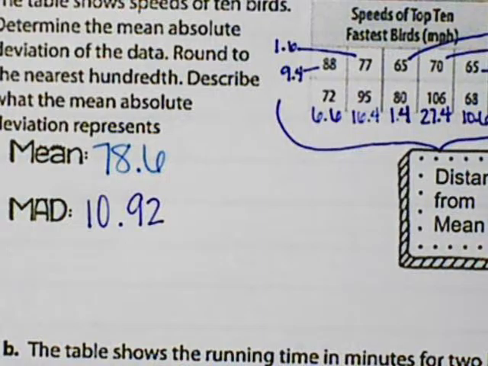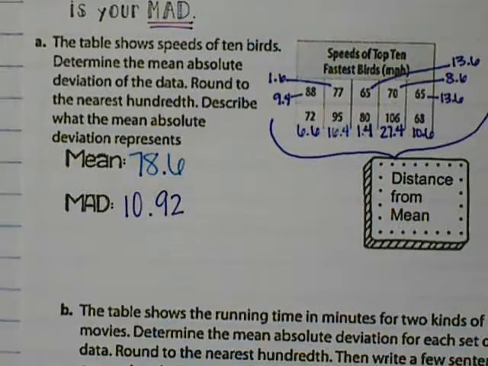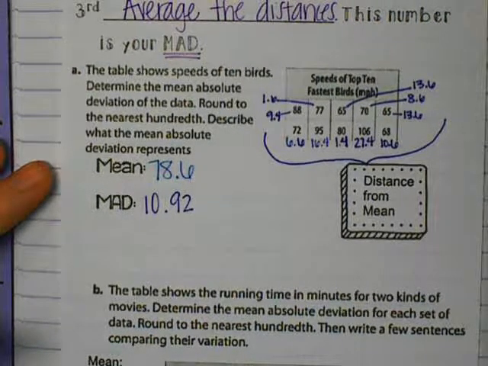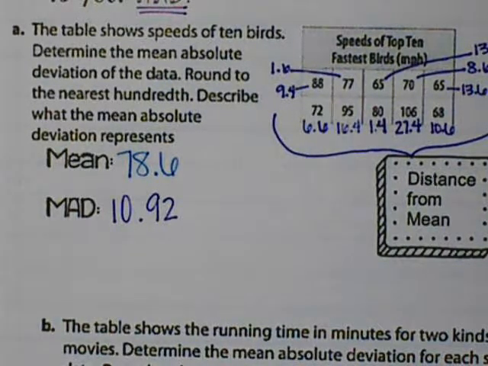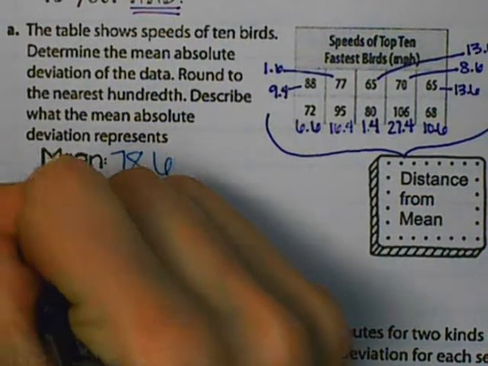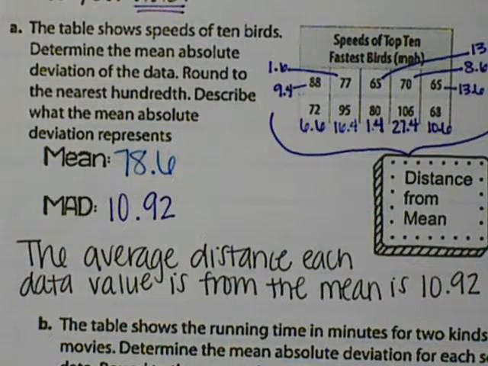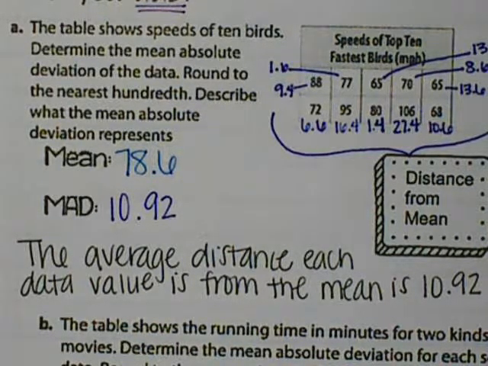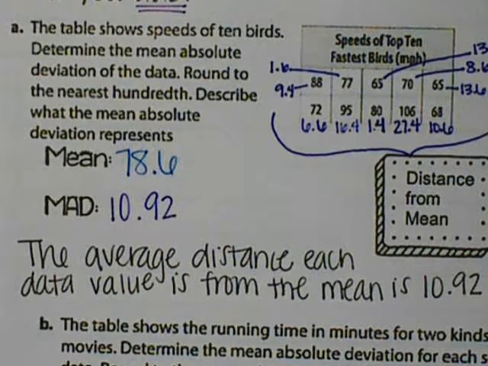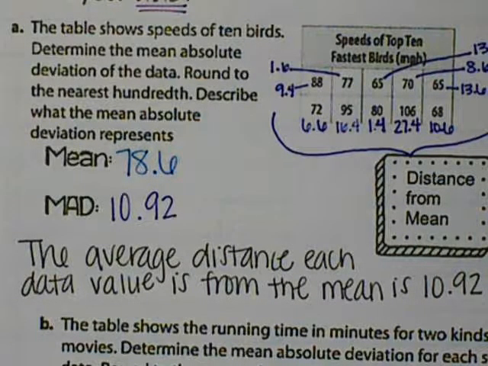So what does 10.92 tell us? The average distance each data value is from the mean is 10.92. So they're all on average about 10.92 away from the average of the group of data.